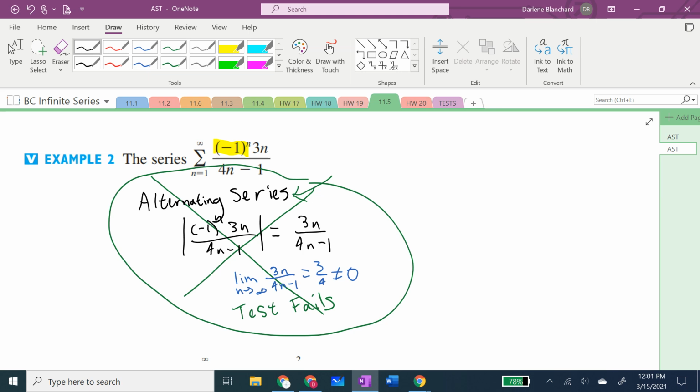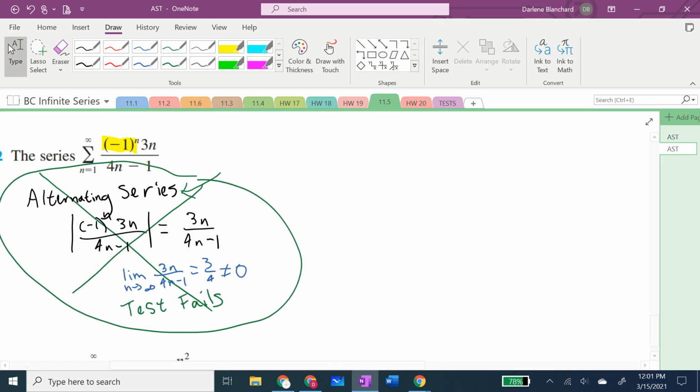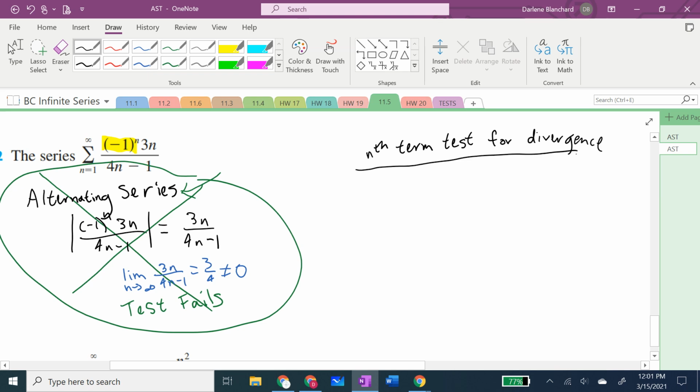And know that most of the time, you can turn to the nth term test for divergence. However, when you do that, you're writing limit again, but you need to write a limit for the entire formula. The nth term test does not look at the absolute value, it looks at the entire formula.